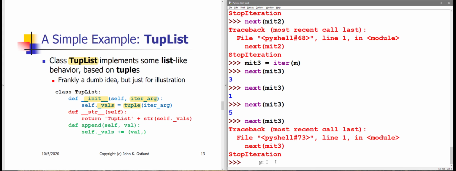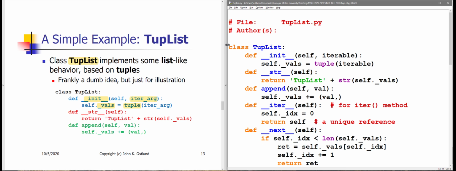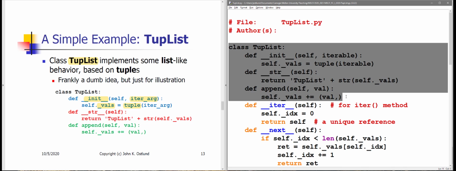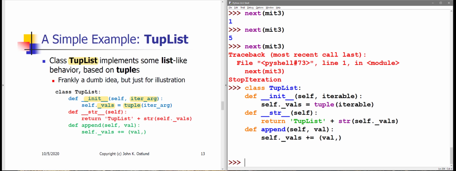All right, so here's my interactive shell. Whoops, why didn't that copy? Try again. Okay, there we go. So now I've got this first part of my class TupList defined in my interactive shell.